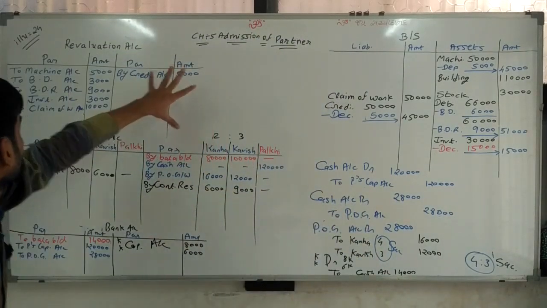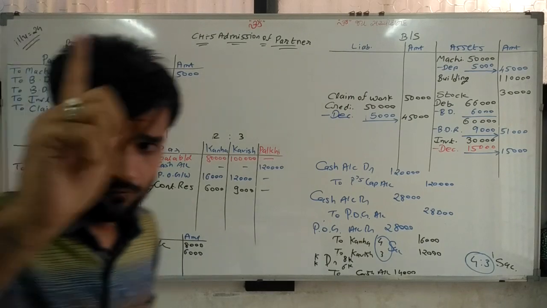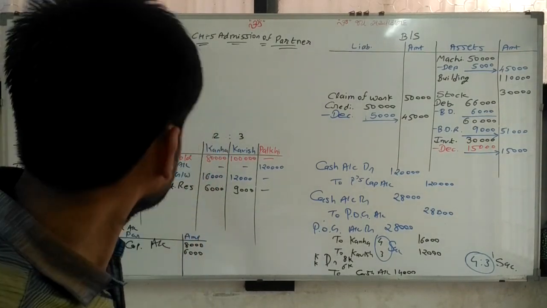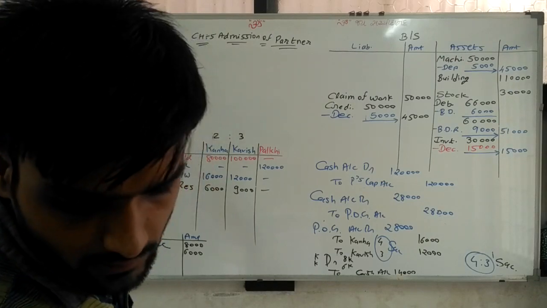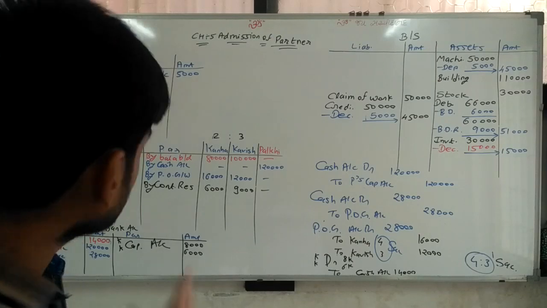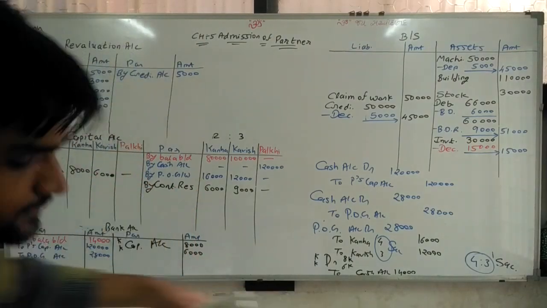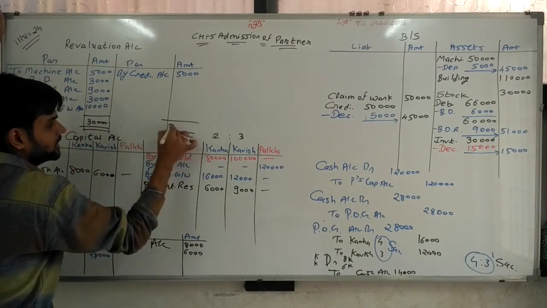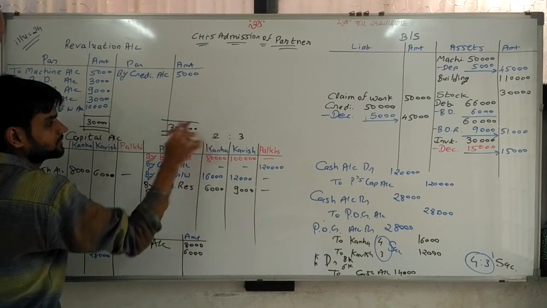First of all we are closing the revaluation account. But first checking it. 10,000 rupees. Yes sir. 3,000, 5,000, 9,000, 3,000. Okay, debit side okay. Now credit side 5,000 rupees. Okay. Now closing the account. Total of this is 30,000. Here also we are writing 30,000.